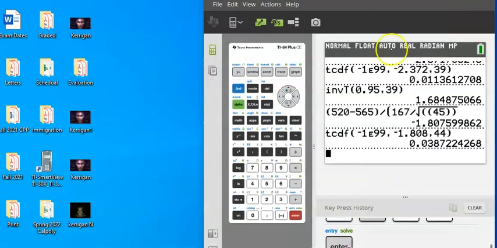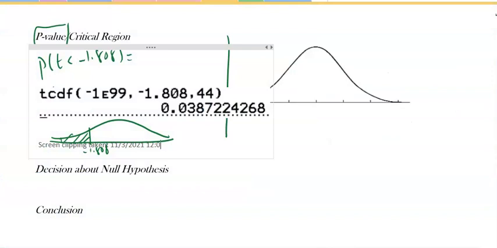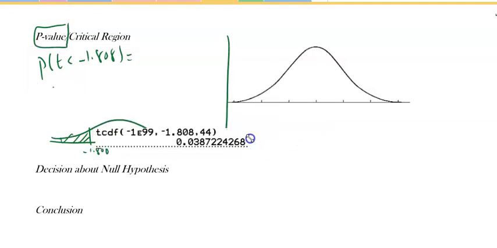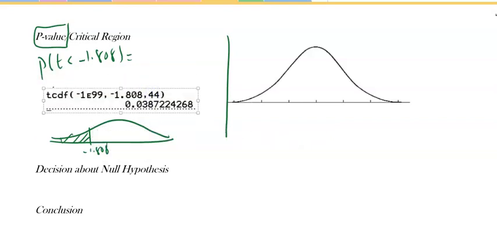Now this probability, if this was two-sided, we would have concluded something totally different. That's why it's important to look at the claim. If they specify, you have to follow. If they don't specify, you could use either. I suggest you stick with the sample. If the sample mean is less than, go less than or greater than. But so this is 3.9%.